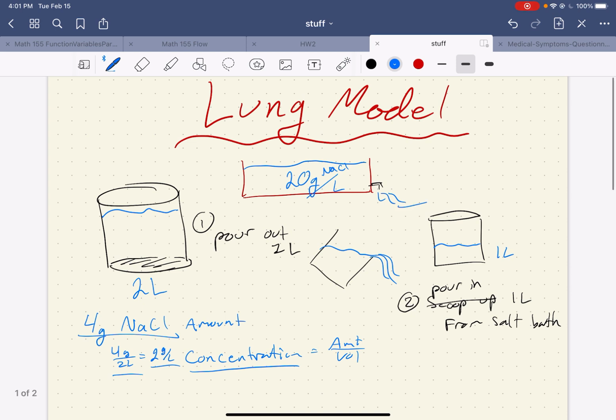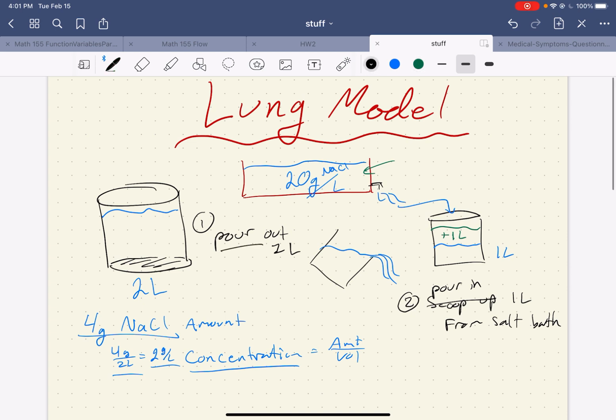In fact, 1 liter, and it's going in here. Okay, so I'll use green to say, all right, I add 1 liter from my salt bath, from this thing. Okay, and now the question is, what is the new concentration of salt after that process?